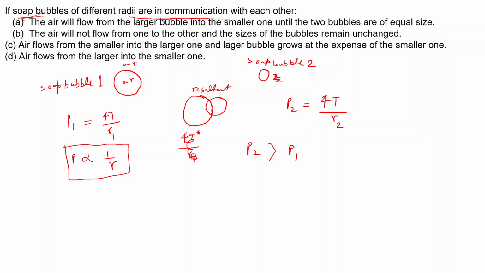If soap bubble 2 is smaller than soap bubble 1, that means R2 is less than R1, so P2 is more than P1, that means the excess pressure inside soap bubble 2 is more than the excess pressure inside soap bubble 1.